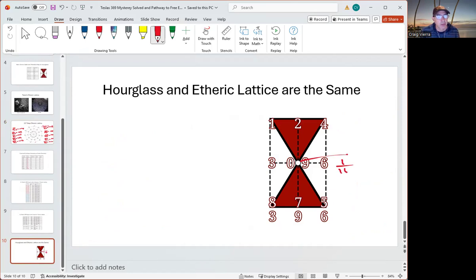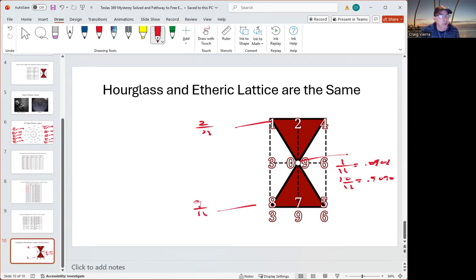Okay, so that's going to equal 0.0909, and then 10 over 11 is 0.9090. Okay, so these two here are 1/11ths, 10/11ths here. Over here, this is going to be 2/11ths, and then down here, this is going to be 9/11ths.